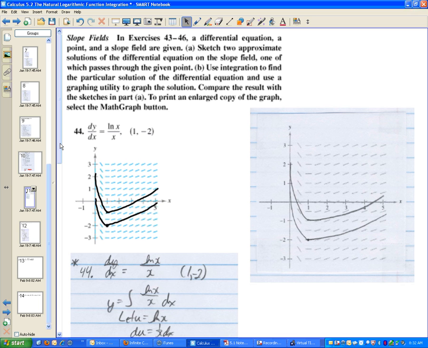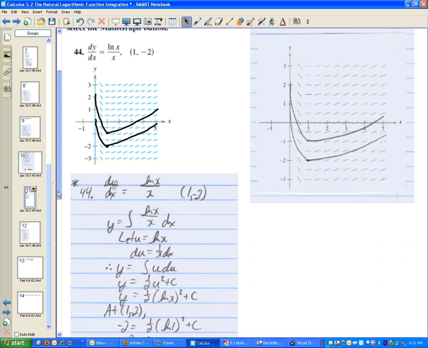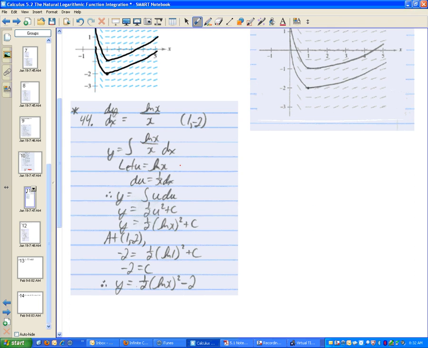Because once I let u equal the natural log of x, what's du equal? Well, it equals the derivative of the natural log of x dx. The derivative of the natural log of x is 1 over x. So du equals 1 over x dx, which is exactly what we have.